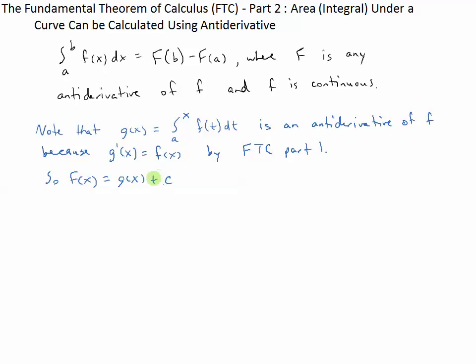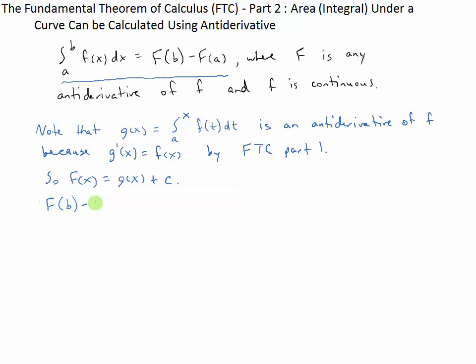Now the constant, we're going to see that it's irrelevant. F of x is just this antiderivative in addition to some irrelevant constant. Now what we do is we prove this statement is true. So I'm going to start by looking at the right-hand side.